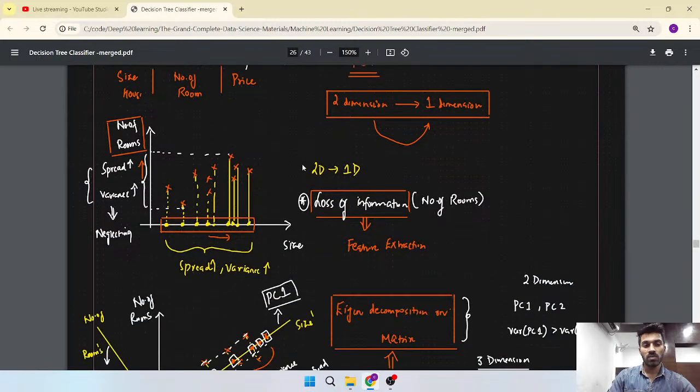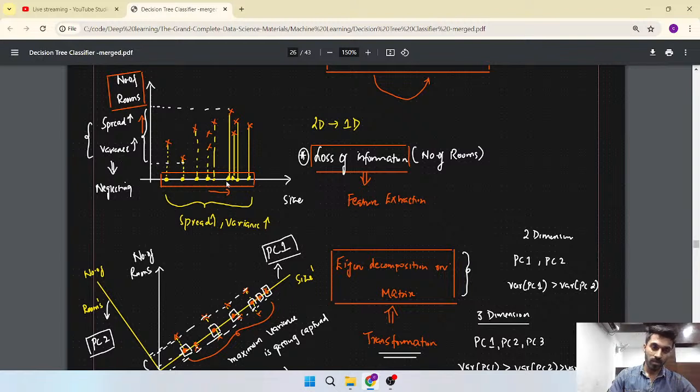In PCA intuition, suppose you have a dataset of 2 dimensions, where this is the size of a room and this is the number of rooms.